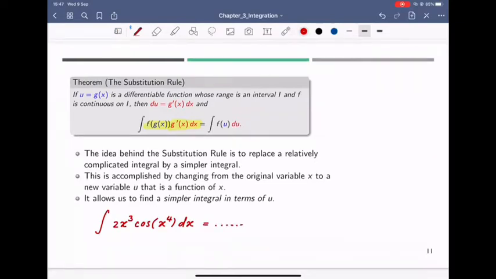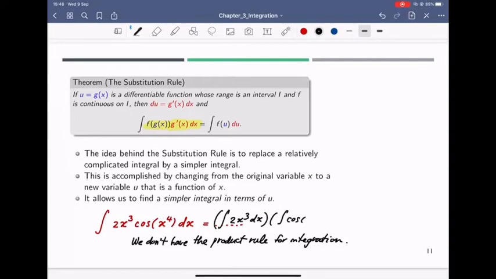You can see that we don't have the product rule for integration. So we cannot say this is the integral of 2x cubed dx times the integral of cosine of x to the 4th power dx. If you do that, it is wrong. We don't have the product rule of integration, so you cannot do it. That is why integration is so hard, because you don't have the product rule.